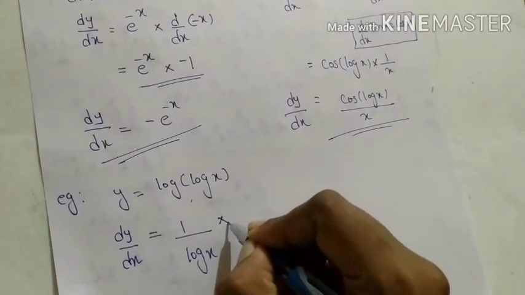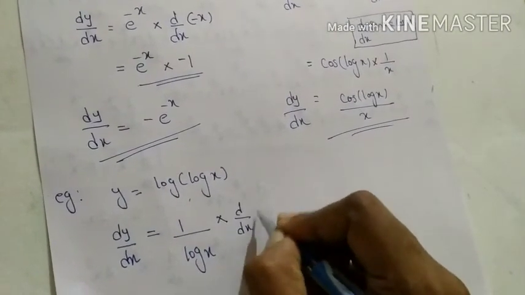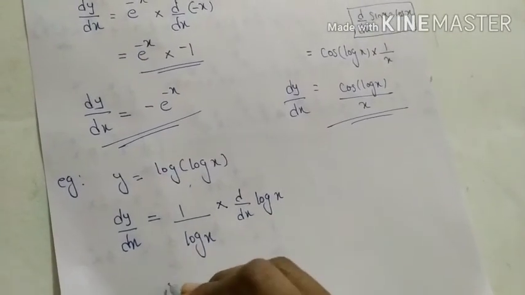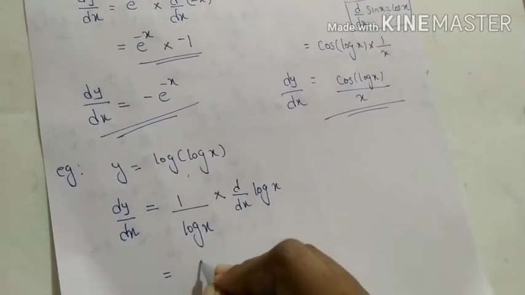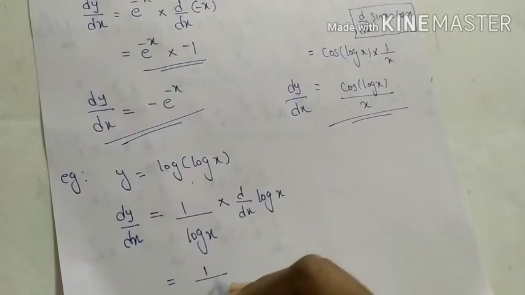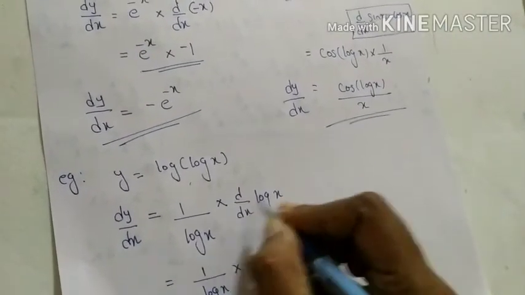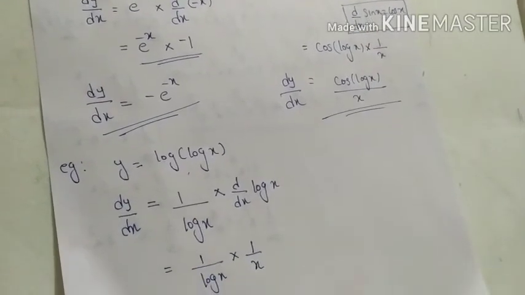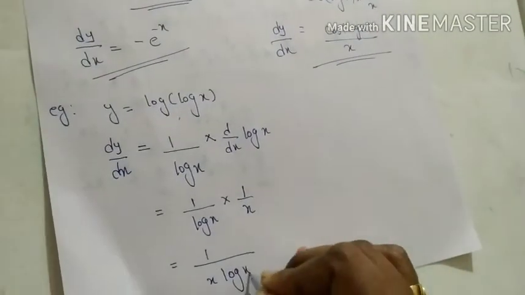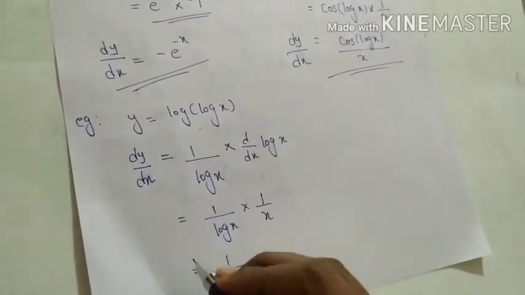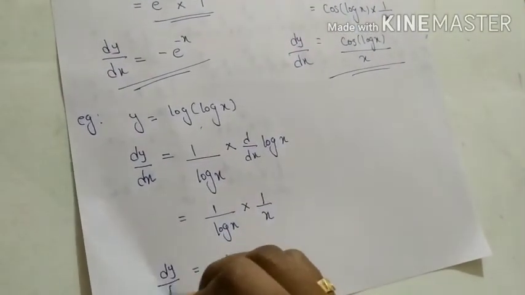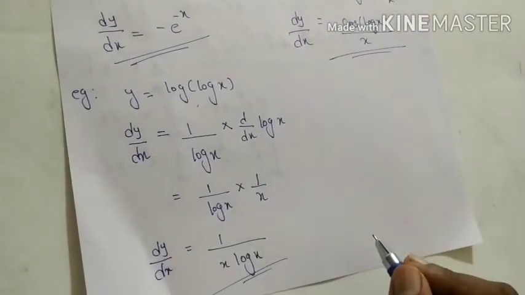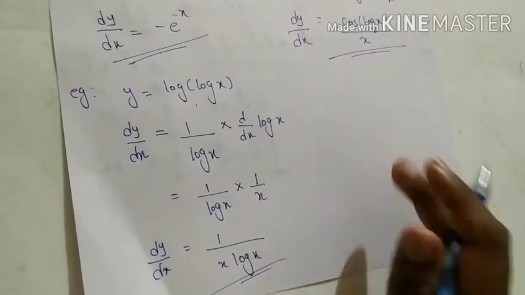Using chain rule again, we need to find the derivative of log x and multiply with our first function. So the answer will be 1 by log x into derivative of log x, which is 1 by x. So rearranging this, we get 1 by x log x, and this will be the derivative of y.